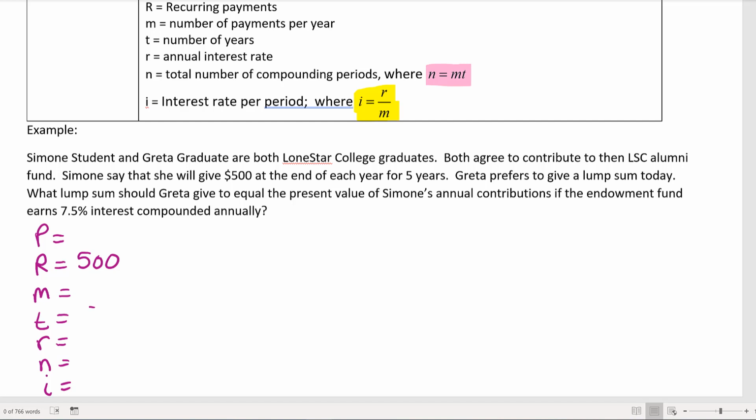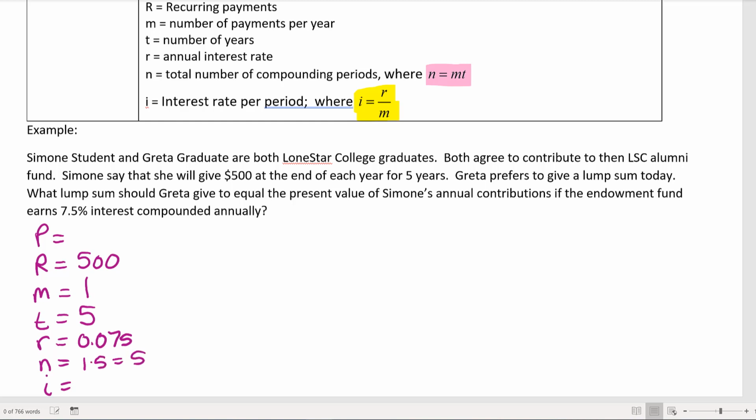She does this for 5 years. And the lowercase r is the interest rate, so that's 0.075. It says it's compounded annually, so m is equal to 1. To find n, I'm going to multiply m times t, which is 1 times 5, or 5.